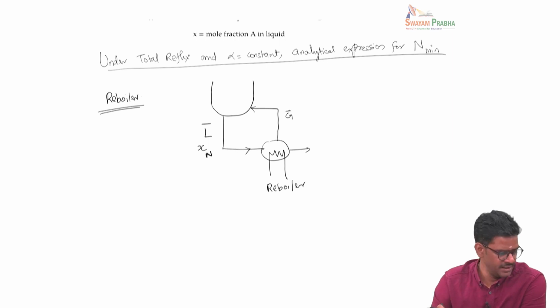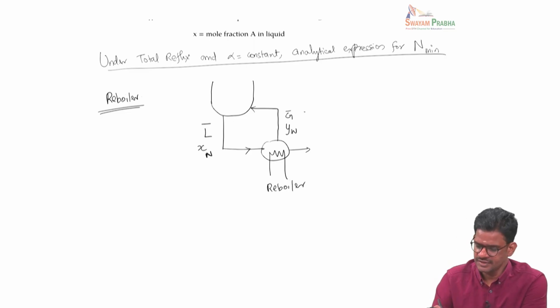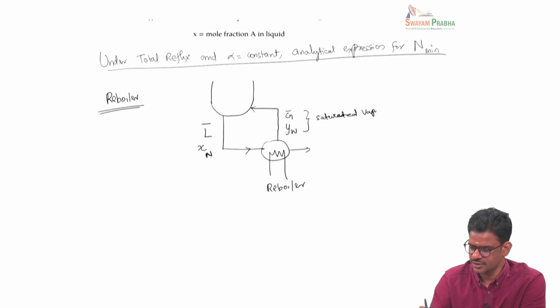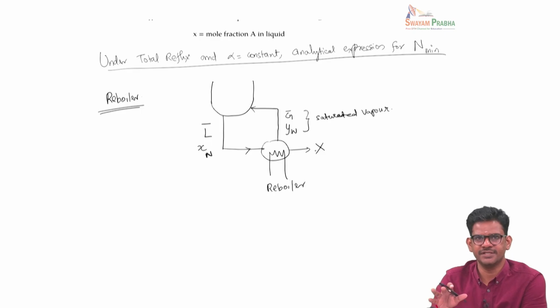bar, and the composition of this vapor is YW, and we say that this condition is a saturated vapor. And here we are not withdrawing any residue, all the liquid is vaporized in the reboiler and sent back.